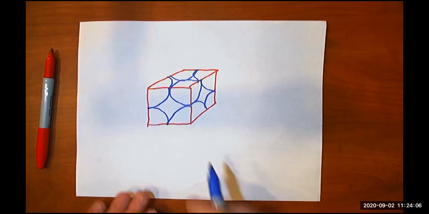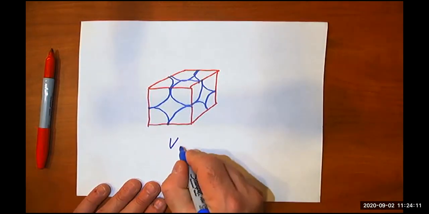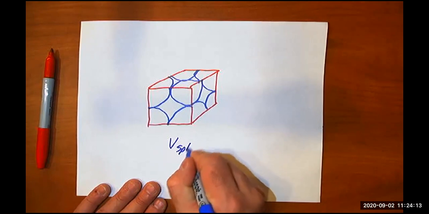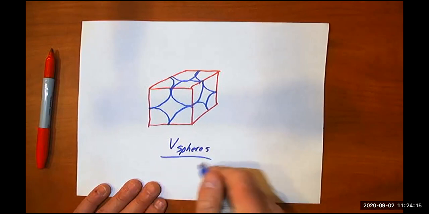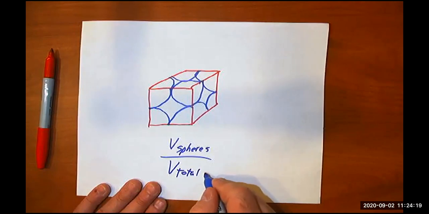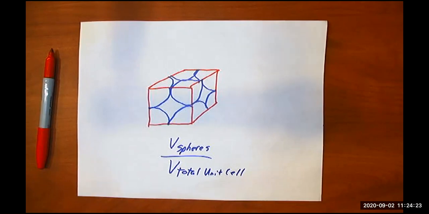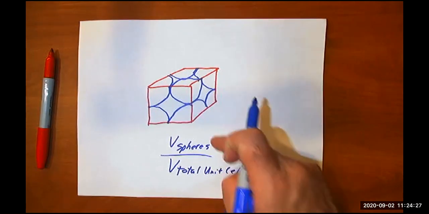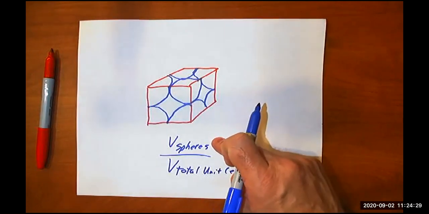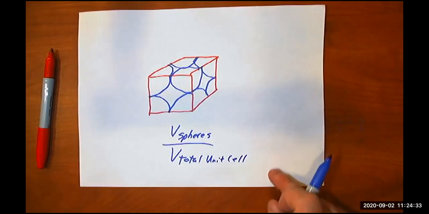Okay, so what we want to do is have the volume taken up by the spheres divided by the volume of the total unit cell, right? And so if the volume of the spheres is half the volume of the total unit cell, then you would get 0.5 here. That's the general idea of what we're trying to do.